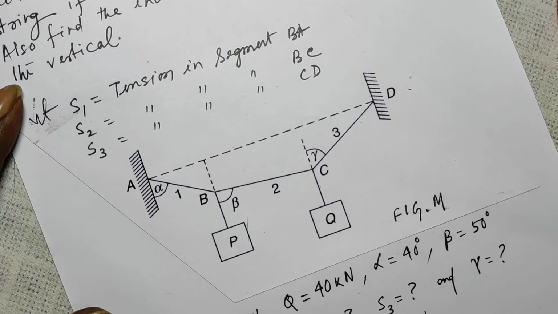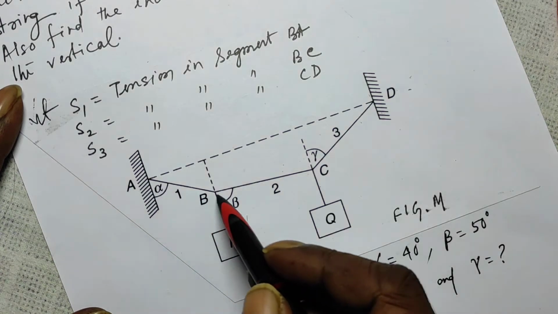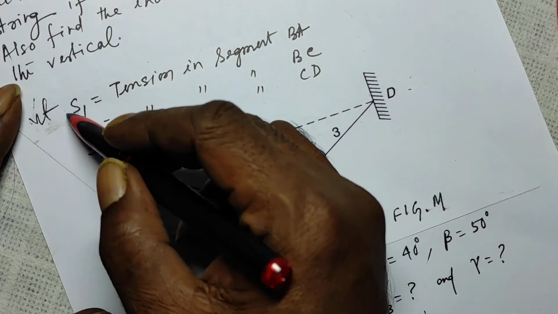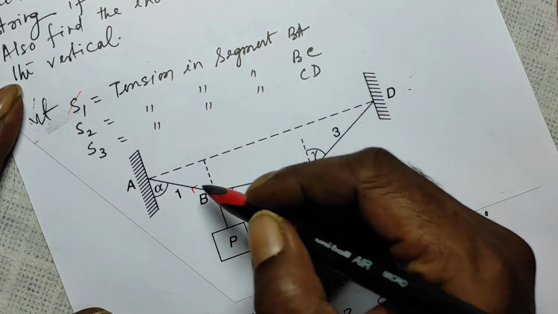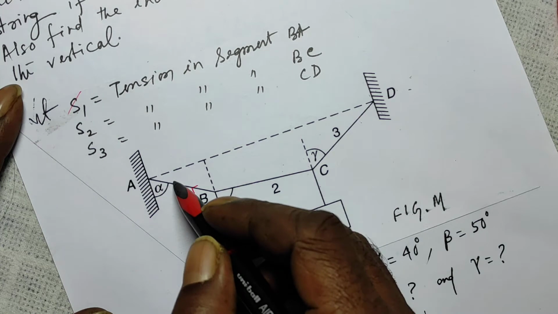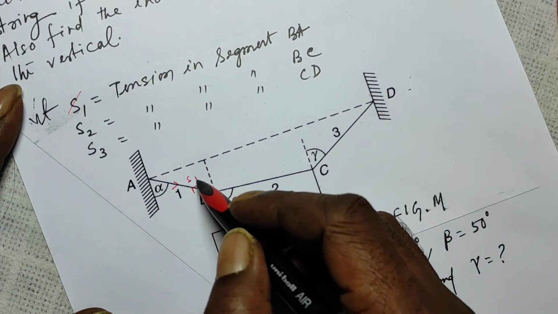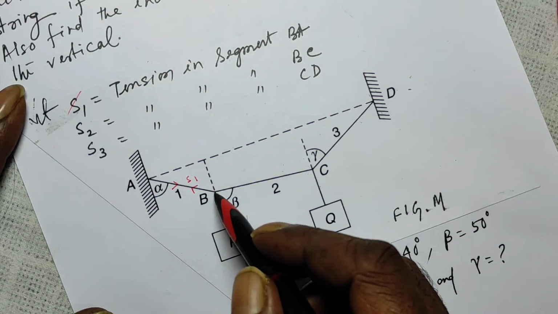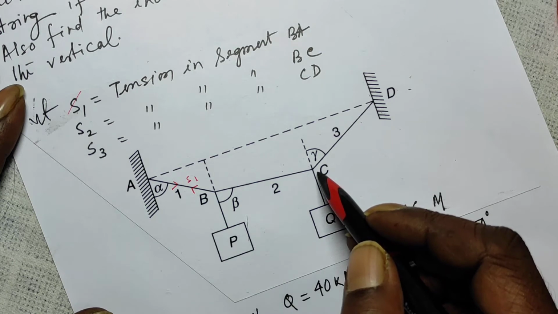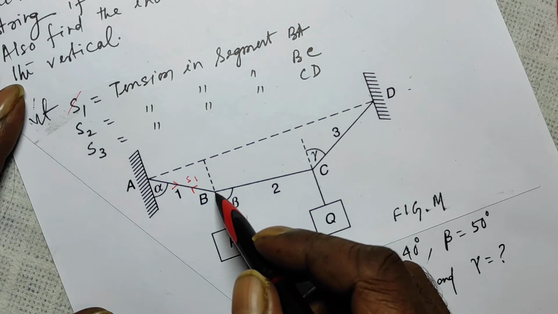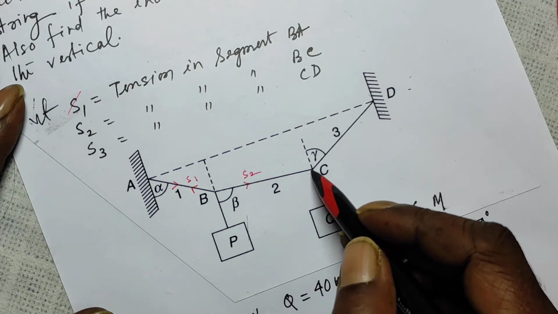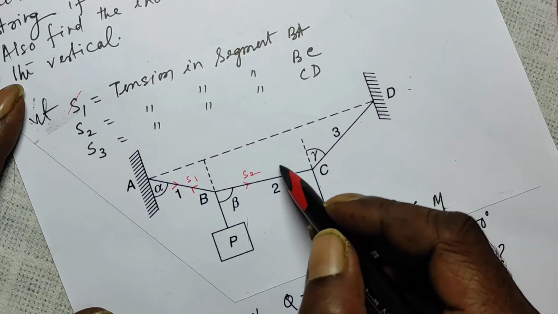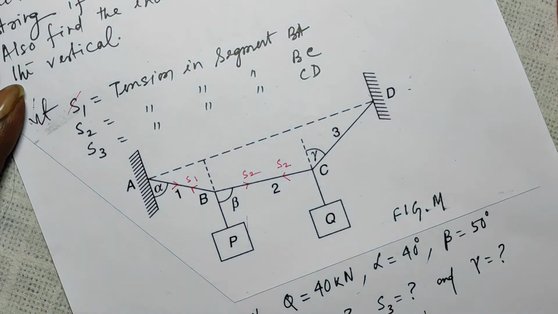Now, if you look at the diagram, since AB, BC, CD are strings, the axial force will be a tension force. In the part AB, let it be S1. For the point B it will be to this side, and for the point A it will be to this side, same S1. For the part BC, let the tension be S2, away from the point B, and at point C it will be to this side, S2.